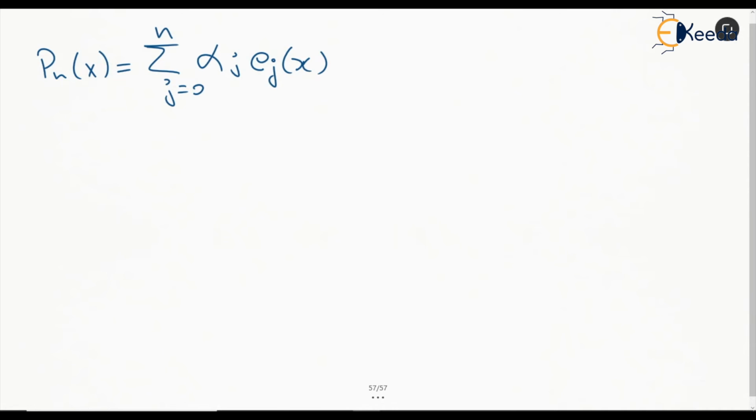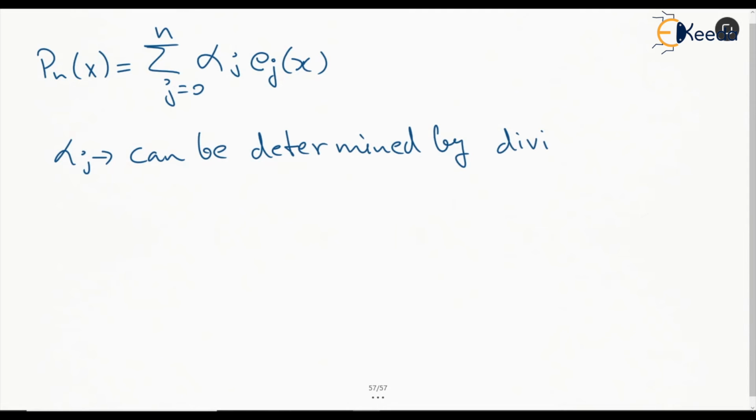These alpha j can be determined by divided difference.